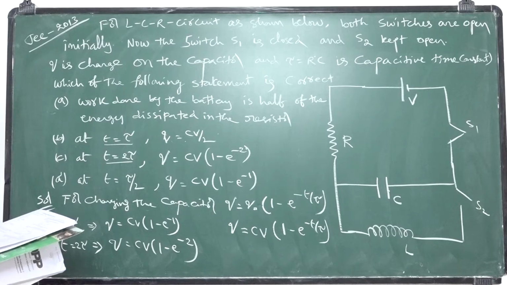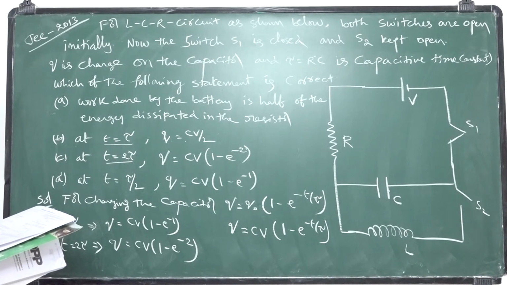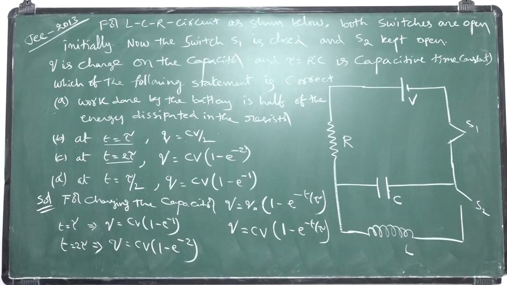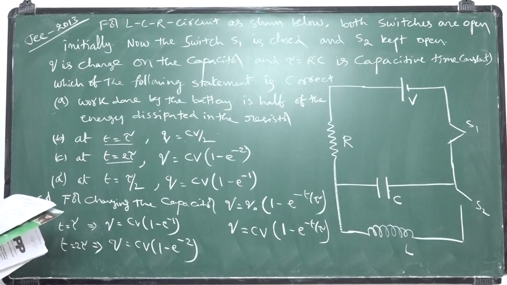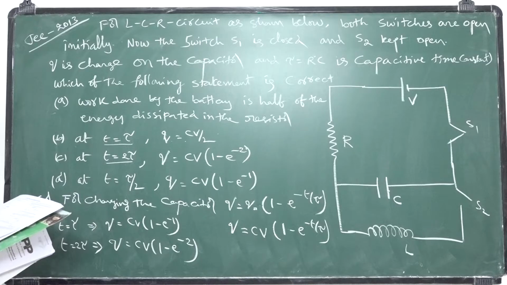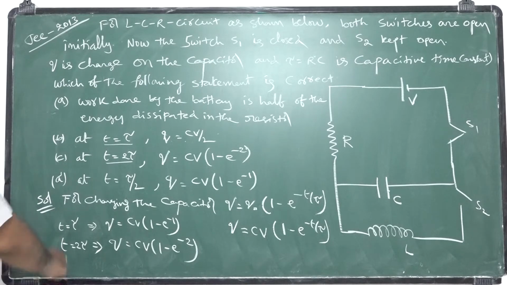So CV into 1 minus e power minus 2 is the charge available on the capacitor. From this discussion, this option is correct.